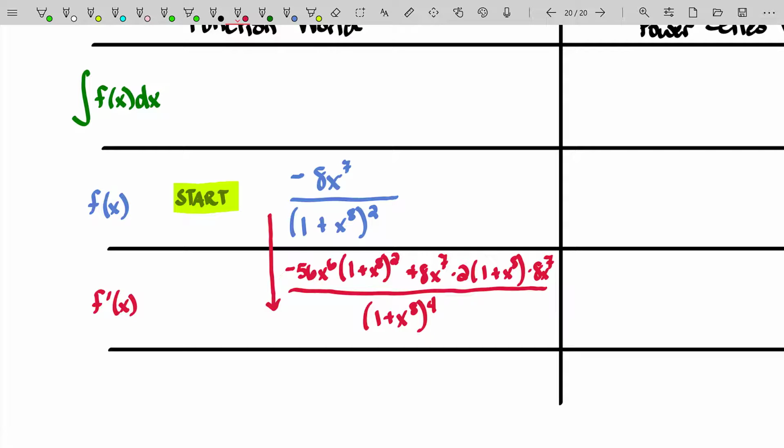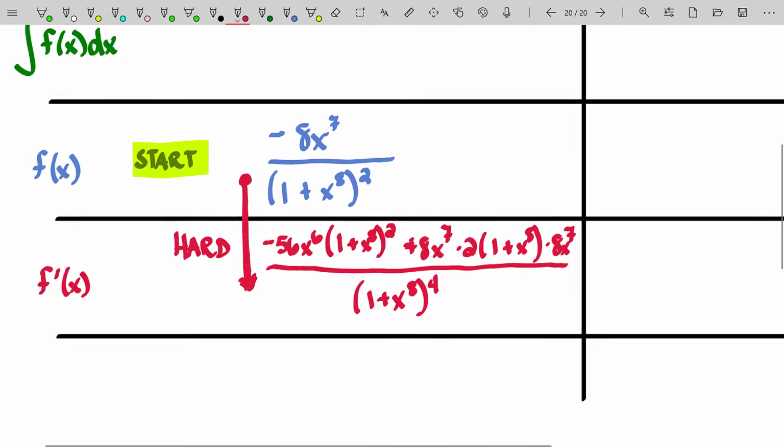So not only was it just a challenge to go from the original function to its derivative, but once we arrive at a derivative there, it's not going to be very useful because we won't be able to transform that into a power series. So this is what I would call the hard direction. And just like you want in a lot of avenues, you want to take the path of least resistance. And there's a lot of resistance taking the derivative here.